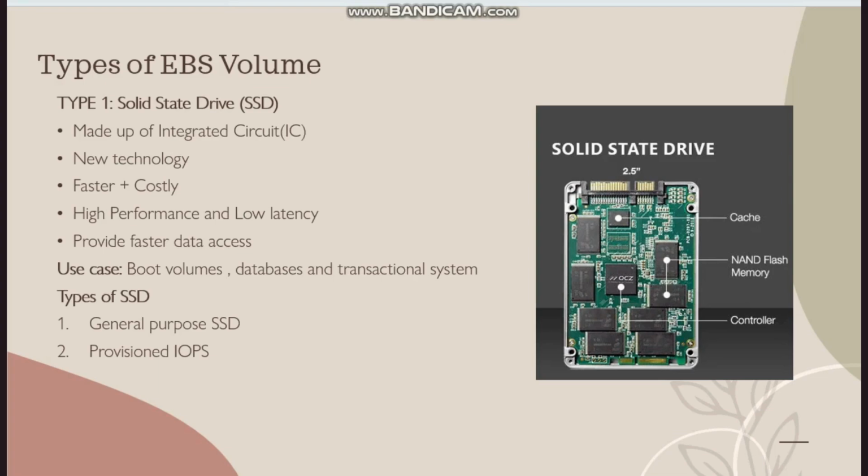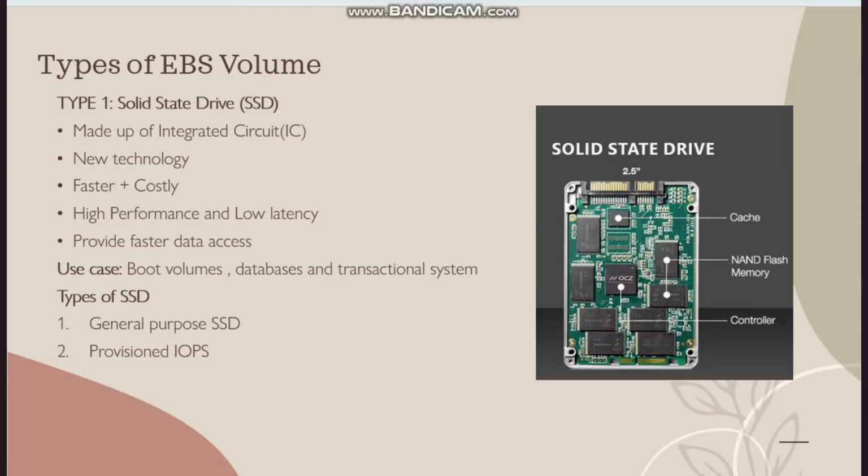In AWS, if we launch the instance, the first hard disk will be a boot volume, and it will be an SSD EBS volume type, because the boot volume is the EBS volume that contains the operating system, so it helps to restart the system very quickly.